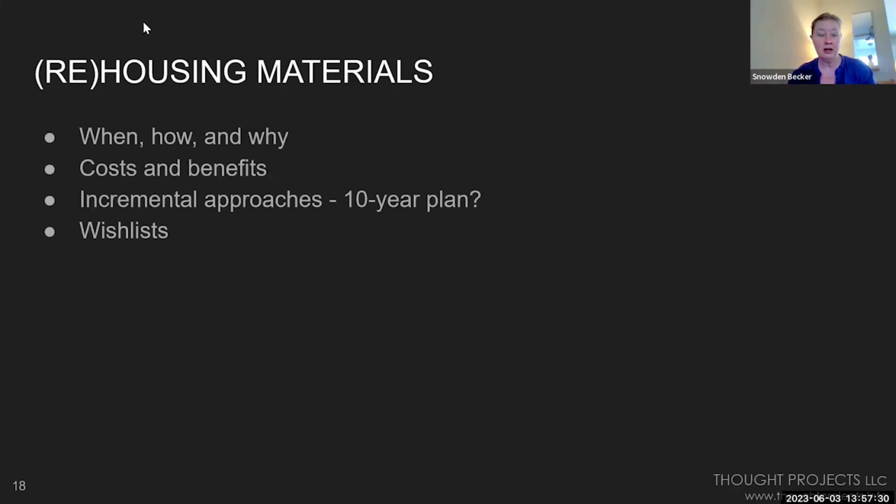So if you do this, what do you get for it? Cost benefit analysis is really important as well. And being able to express that in numbers and dollars and cents.